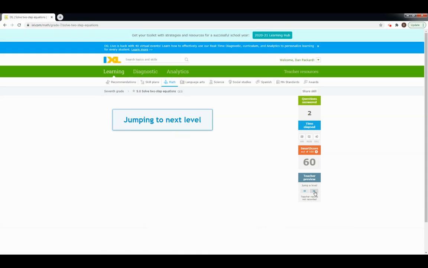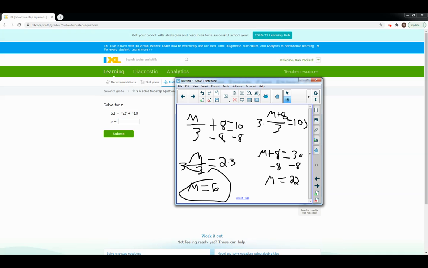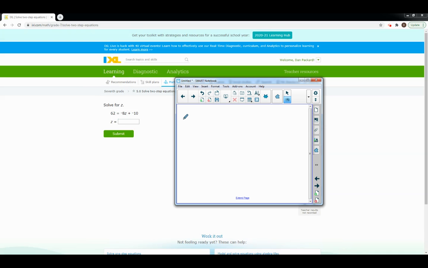Okay, now let's jump a few levels here. That one's straightforward. Okay, here, watch your negative. You're going to have to divide by negative 8 here after you add 10. Right, and then now plus negative 10, that's a z.